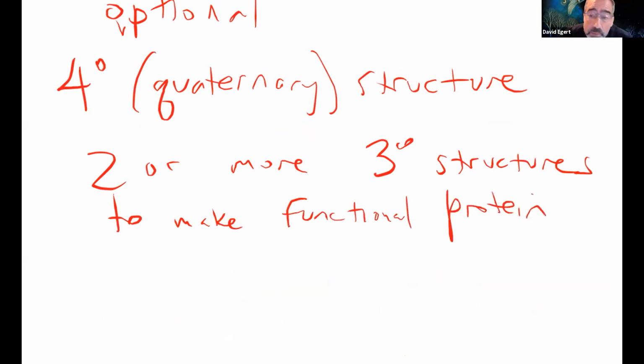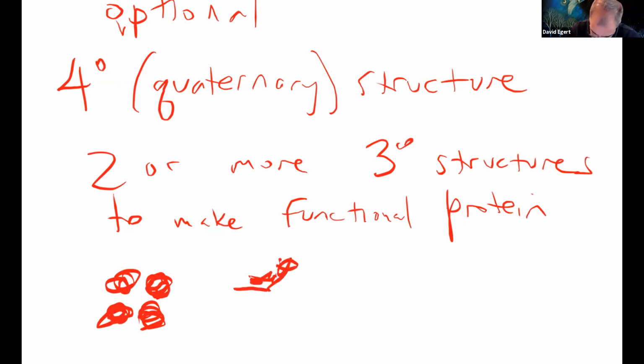We'll see a bunch of cases of this, like hemoglobin in your blood cells that carries oxygen, which is 4 globin subunits that go together. Myosin, the contractile protein in your muscles, has light chains and heavy chains.